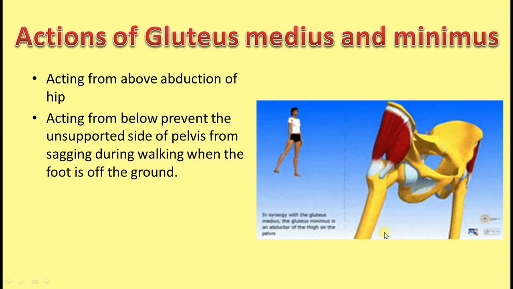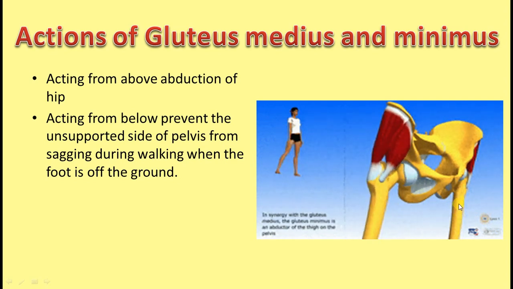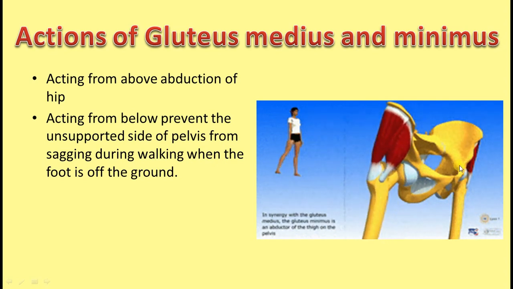For example, if you are standing with this leg on the ground and you lift the other leg off the ground, the pelvis should be supported from dropping or sagging downwards, and that is maintained by the gluteus medius and minimus muscles. Is it clear for you? So it prevents the unsupported pelvis from sagging down when that part of the limb is off the ground.